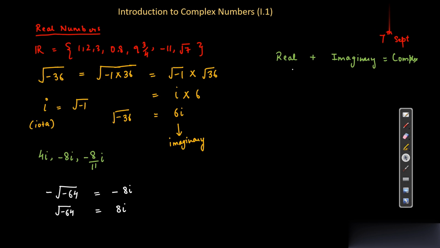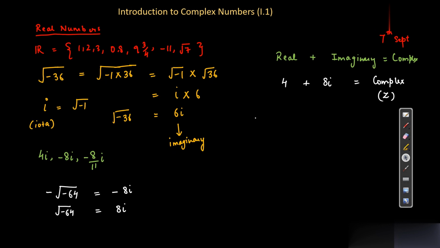Okay. Now a real number, if I take any real number, for instance 4, and any imaginary number, 8i, this complete thing is now a complex number. We use the letter Z to denote a complex number.